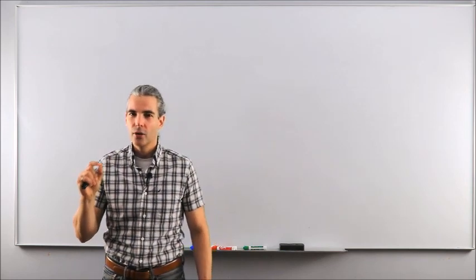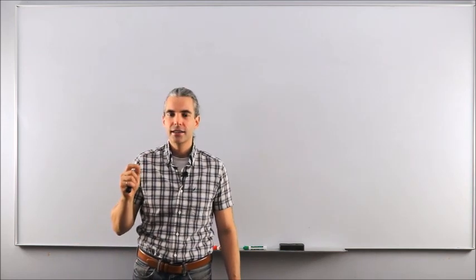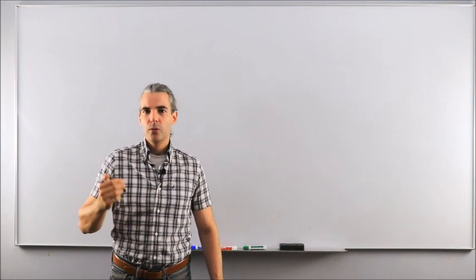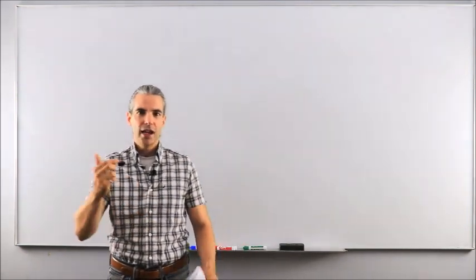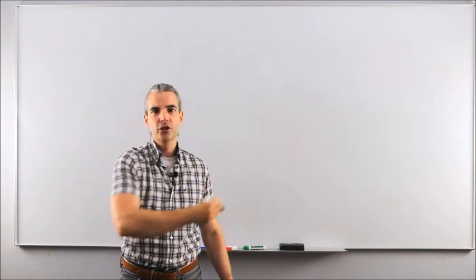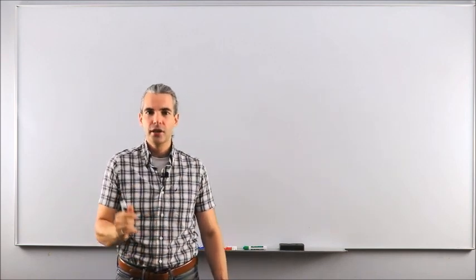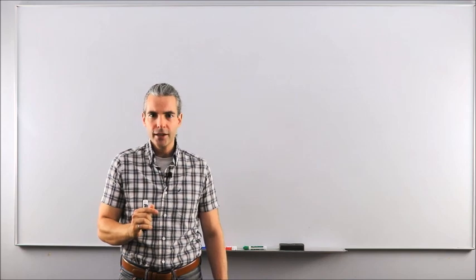But the remaining question that hasn't been answered yet is, how would those poles in the complex plane move as the gain of the open loop transfer function varies from 0 to infinity? Okay?